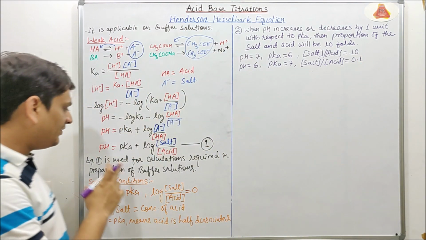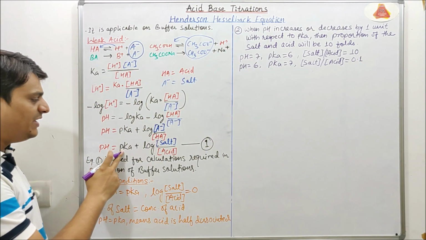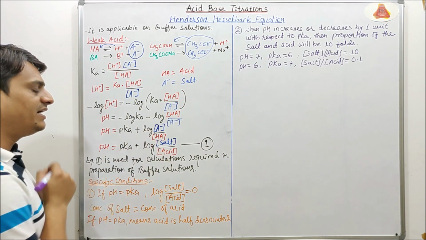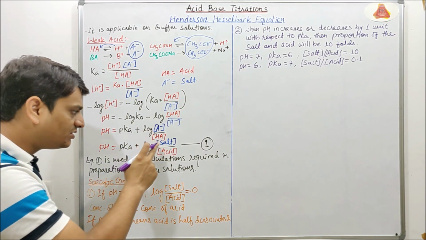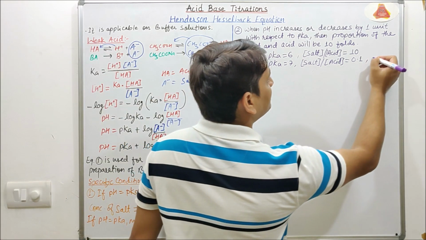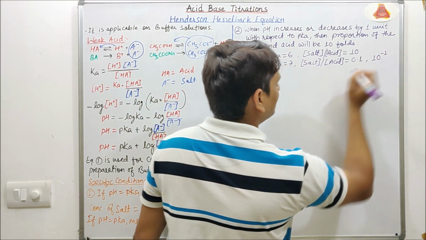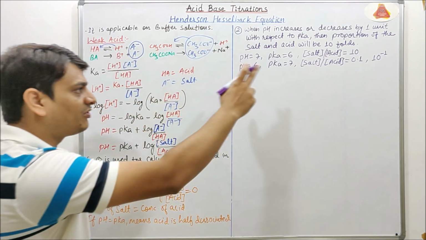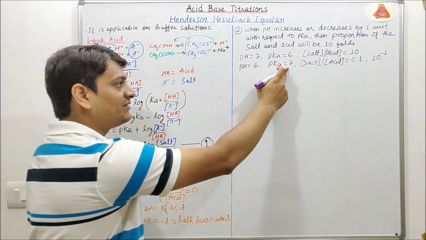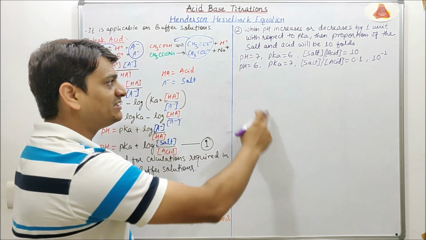Now coming to the same equation, pKa is equal to 7, so it will be 7 plus log salt by acid, so log salt by acid is equal to 0.1. We can say that it is 10 to the power minus 1, so log 10 to the power minus 1 is equal to minus 1, so it is 7 minus 1, so it will be 6 and pH will be 6.